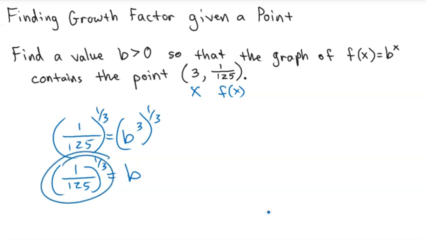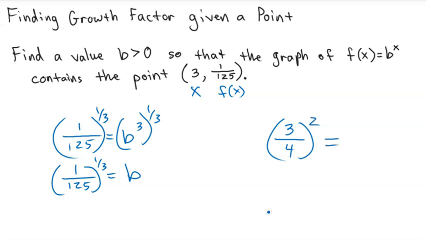Now this isn't a number. We need to reduce this, okay? So here's what we're going to do. When we have a fraction, we can distribute the exponent to both the numerator and the denominator. For example, if I have 3 over 4, and I raise 3 over 4 to the 2nd power, this is the same thing as 3 squared over 4 squared. And so this would become 9 over 16, okay?